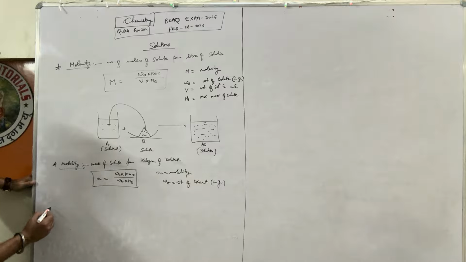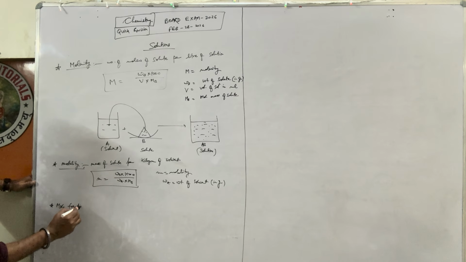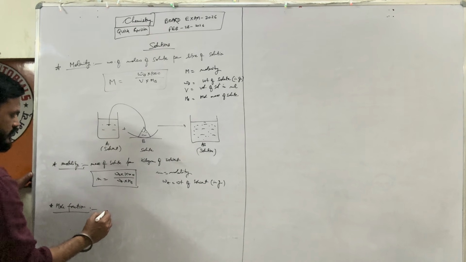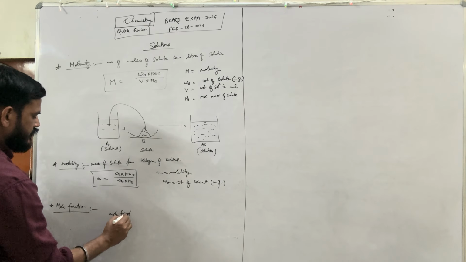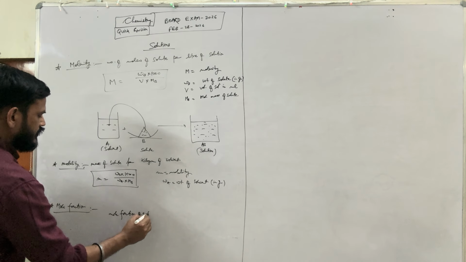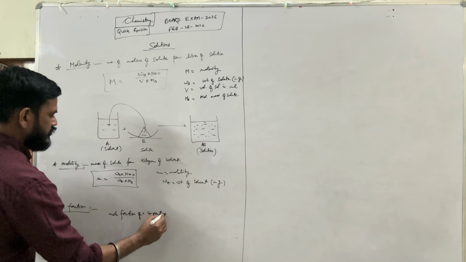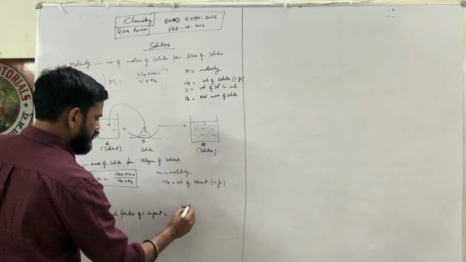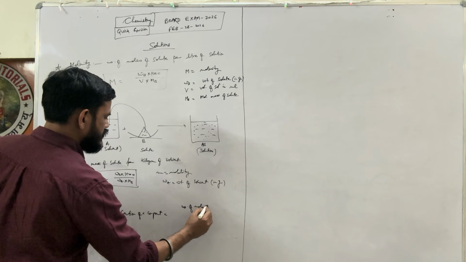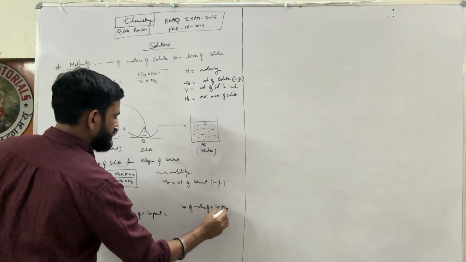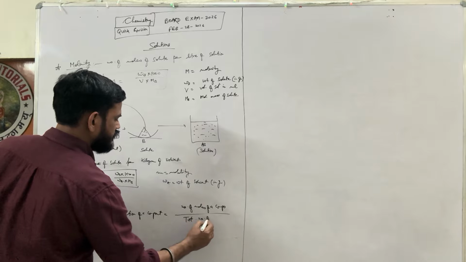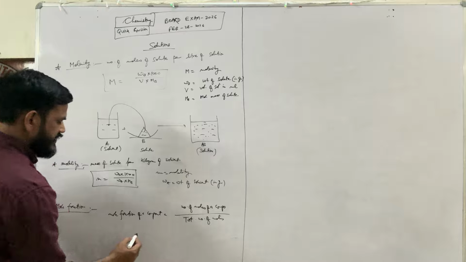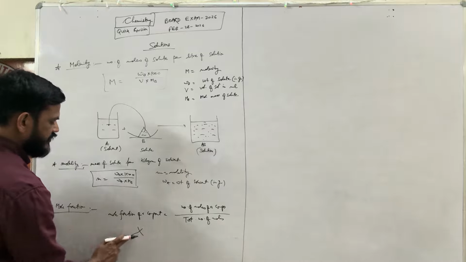Then you have mole fraction. Mole fraction of a component is equal to number of moles of the component divided by total number of moles. It is expressed by the letter chi.